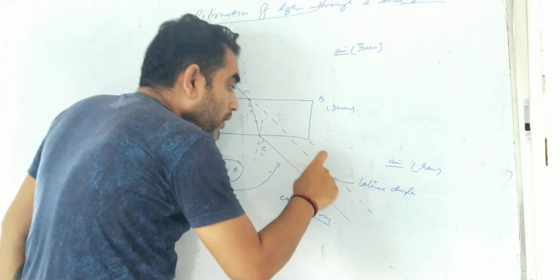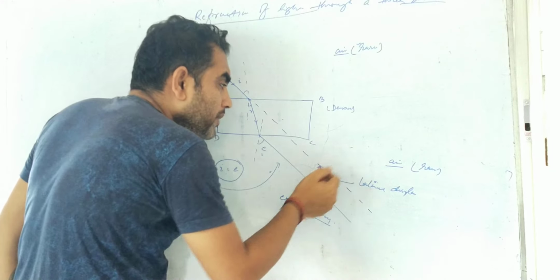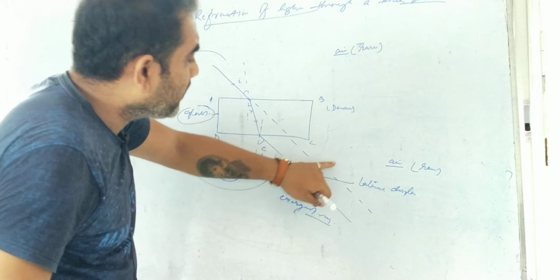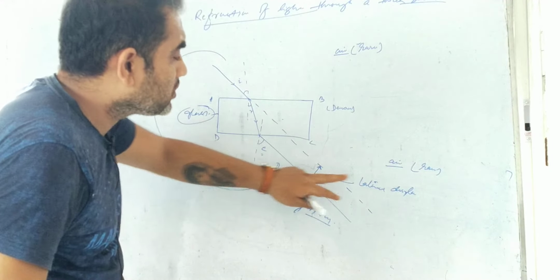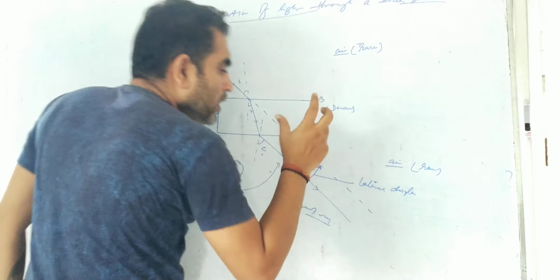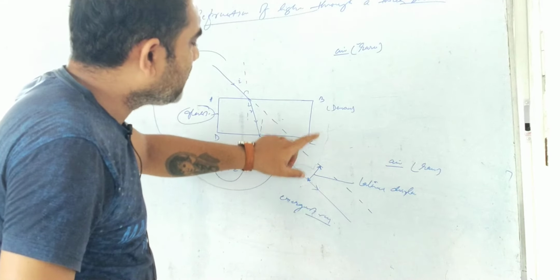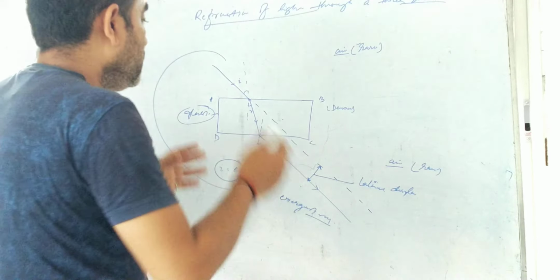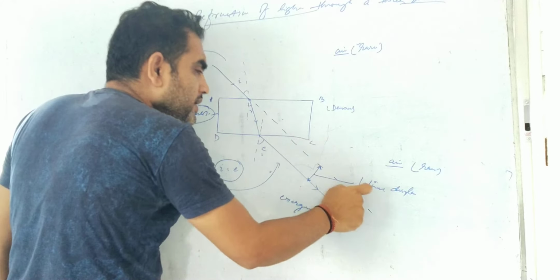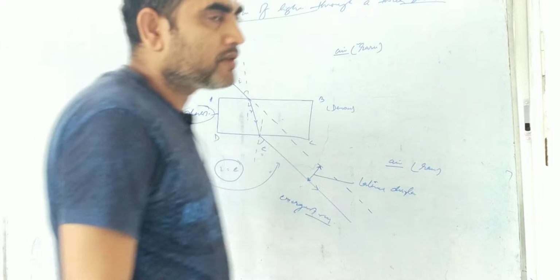If a perpendicular line is drawn between them, that perpendicular distance is said to be the lateral displacement. So the definition of lateral displacement is the perpendicular distance between the produced incident ray and the emergent ray.